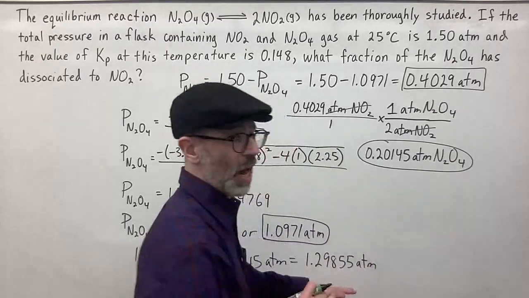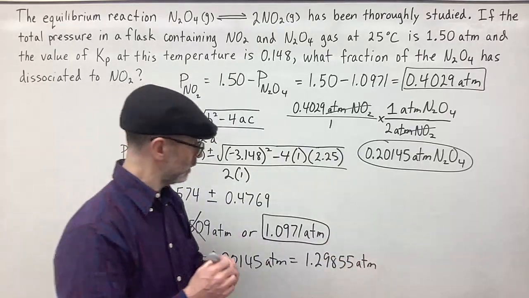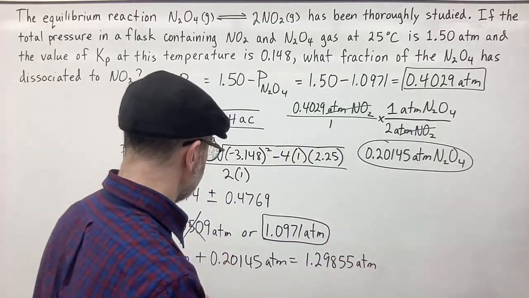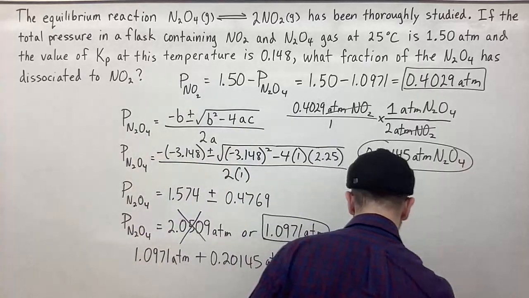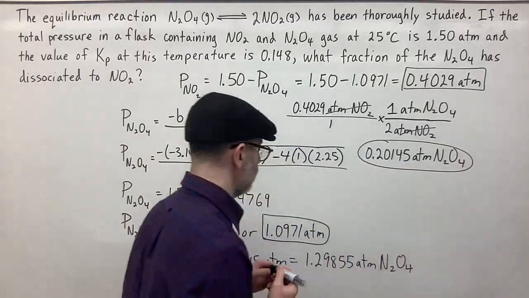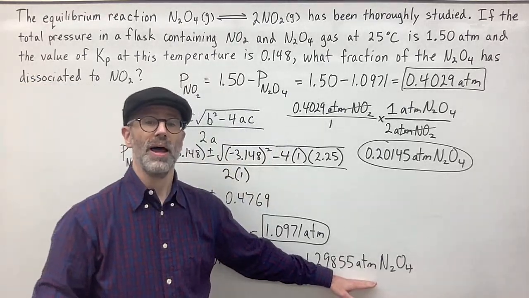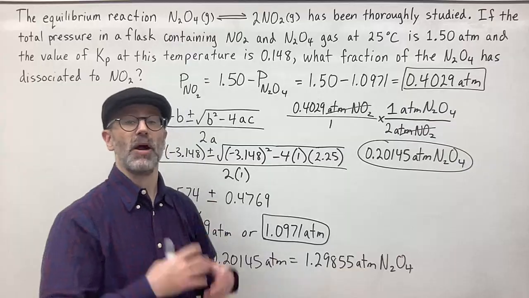Now I know I have a lot more digits than I need to have, but I'm trying to avoid rounding errors. So this would be the total amount of N2O4 that I started with from the very beginning.